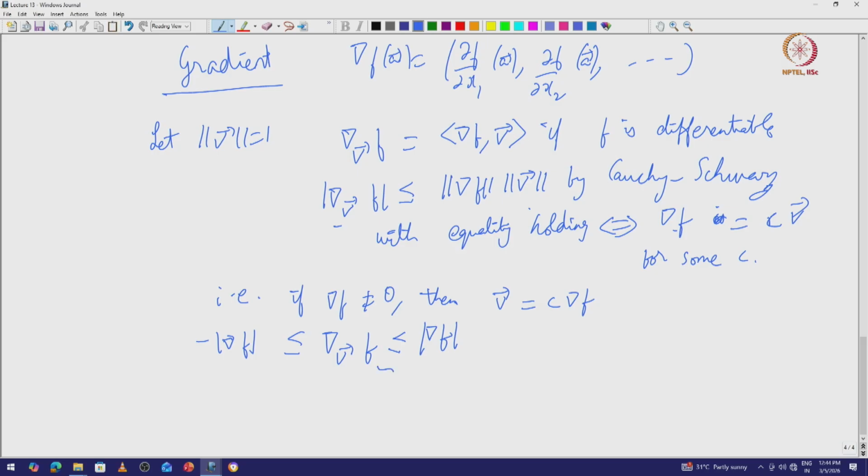And this equality holds when v is indeed grad f divided by mod grad f. Assume grad f is not the 0 vector. The lower equality holds when v is minus grad f by mod grad f. What this tells us is the direction in which you must move so that f increases the fastest.